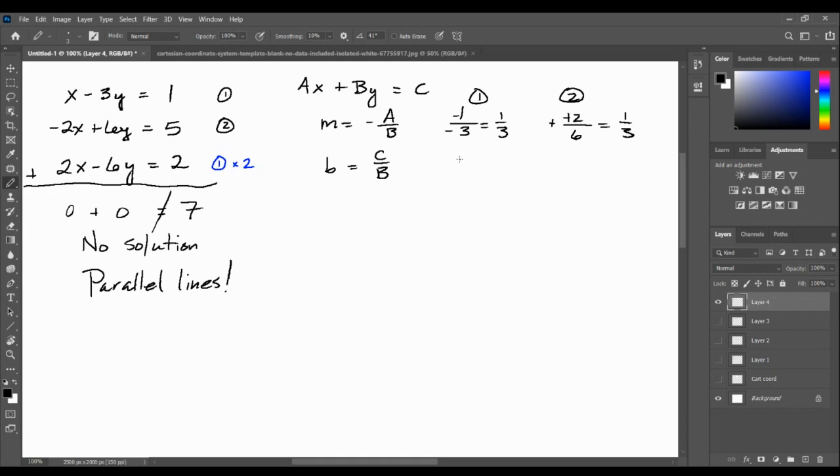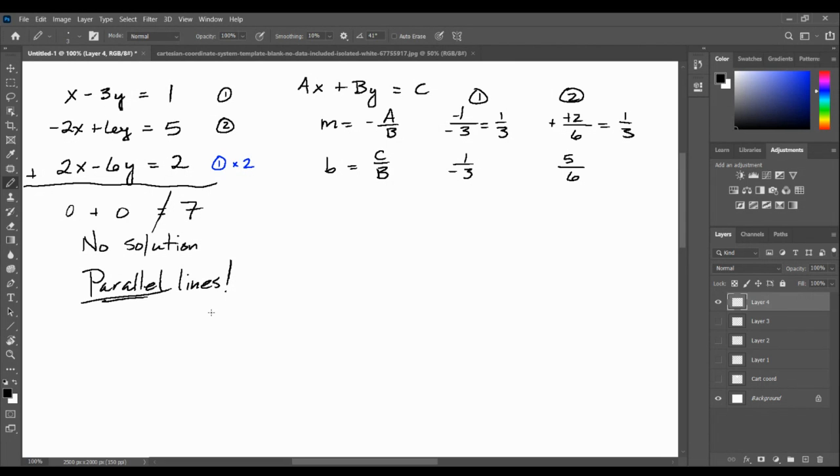C over b for equation 1, c is 1, b is negative 3, so negative 1/3 is the y-intercept of equation 1. For equation 2, c is 5, b is 6, so we've got a different y-intercept, so that helps show that these are indeed parallel lines.